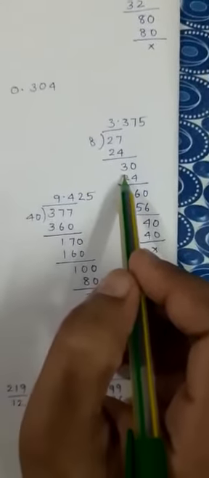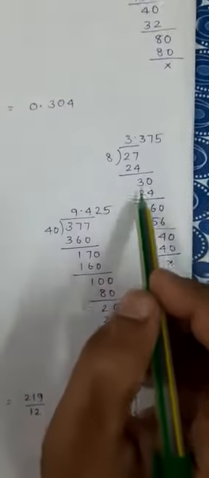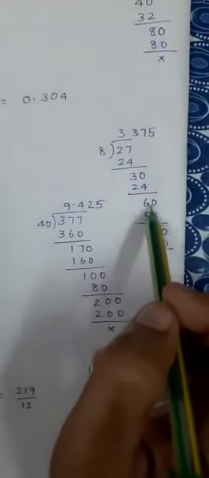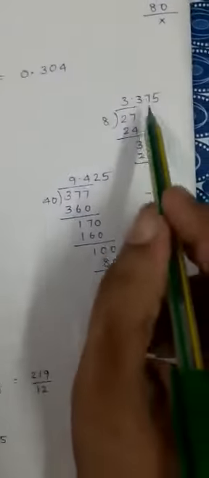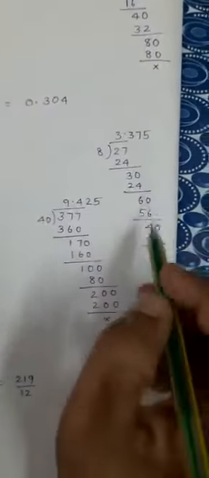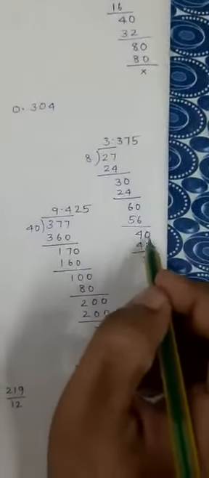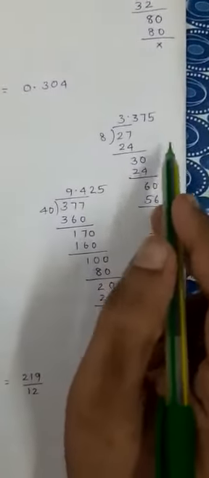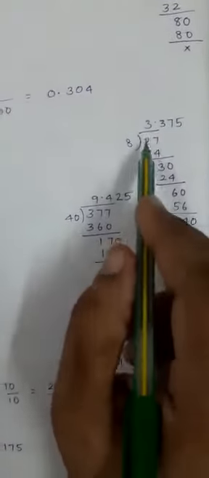So 30, how many times? 3 times. 24. Then subtract, 6. Again put 0. 60, how many times? 7 times. 7 8s are 56. Again subtract, 4. Put 0. So it is contained 5 times in 40.